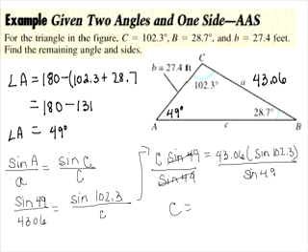And so we find, when we use the calculator to simplify this, 43.06 times the sine of 102.3, all divided by the sine of 49 degrees, is equal to 55.7. So side C would be 55.7.